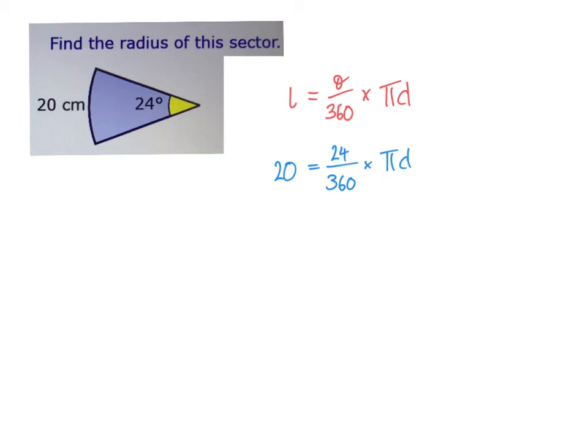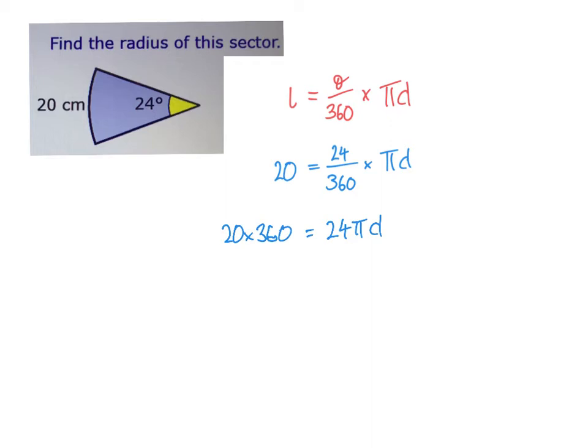You could, if you wanted, just work out what 24 divided by 360 times pi was, and then work that way. I'm going to do it slightly longer and say, instead of dividing the right by 360, I'm going to multiply the left by 360, and that would equal 24 pi d.